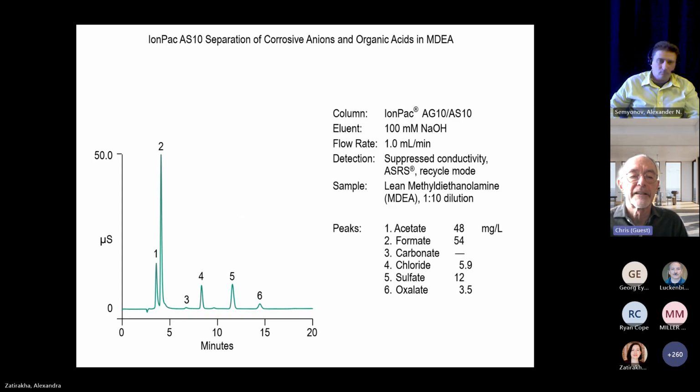Now, this column, the AS10, which is another one that is not very popular anymore, so maybe many of you might not have ever used it, was the first column. It's the reason why we developed the super macroporous resin in the first place.